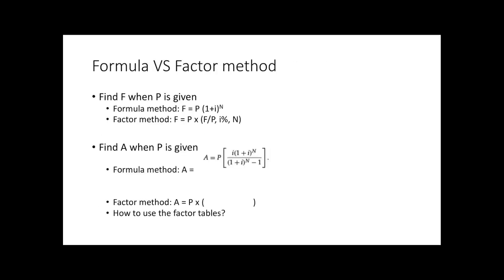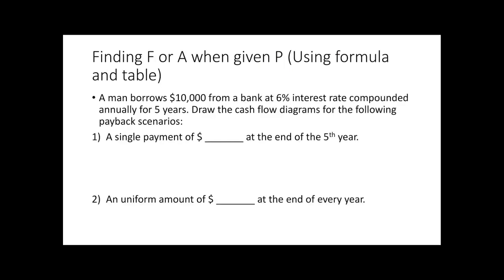And you want to know there are equations to calculate that, and there are factor methods. So you can find the factor in the table, without doing all the complicated calculations. And the factor method is more important because that's what we have been using very often.